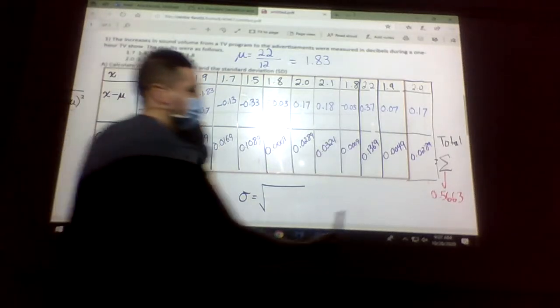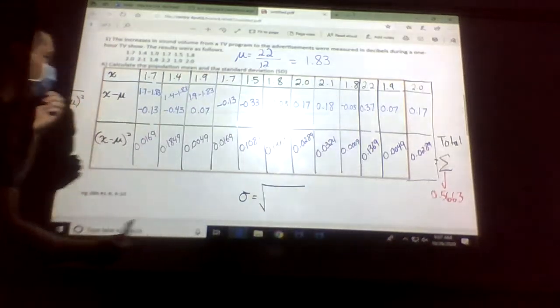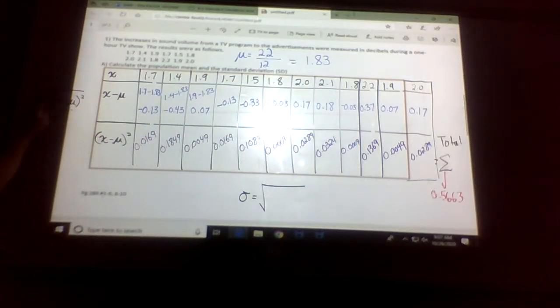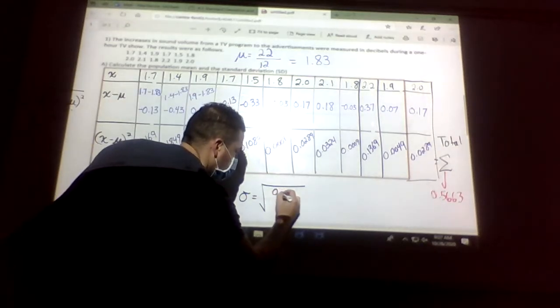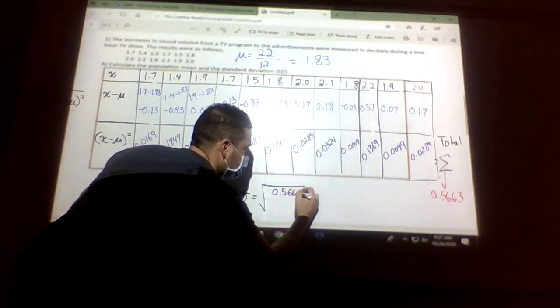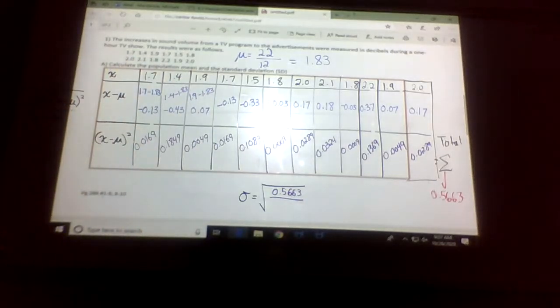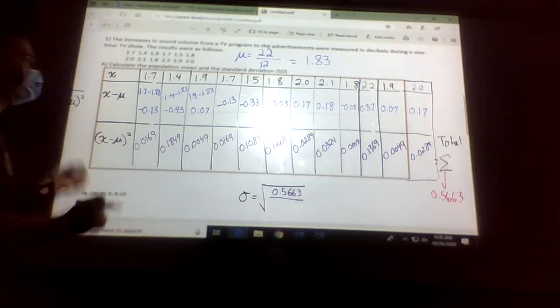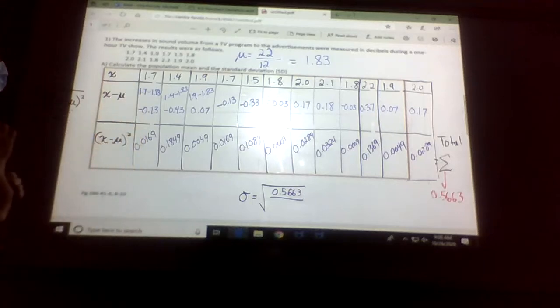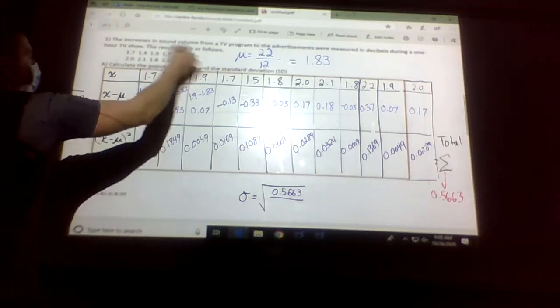So this here, 0.5663, represents this whole numerator. So we have 0.5663 divided by, what's n represent again? The population size, right? Which is how many? There's 12 entries.